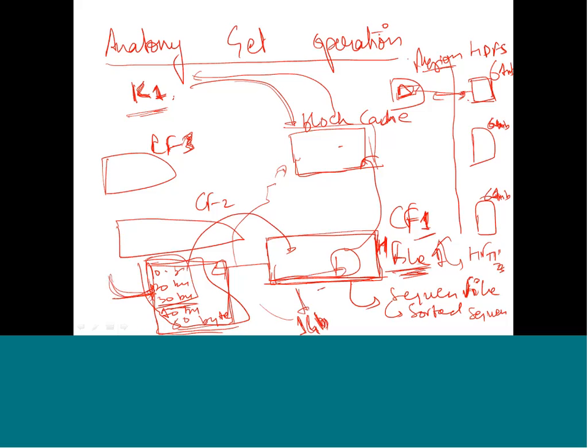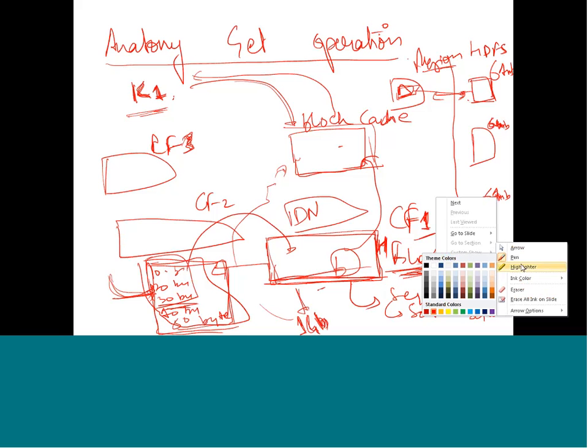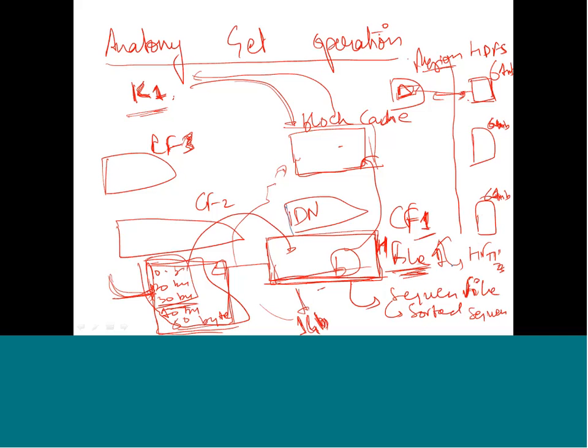Exactly. The second principle which can cause a problem is, how are you accessing the HFile? You're accessing it through a data node, right? Because this is HDFS, the files are stored on HDFS.